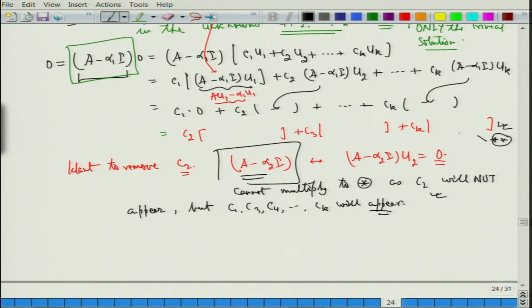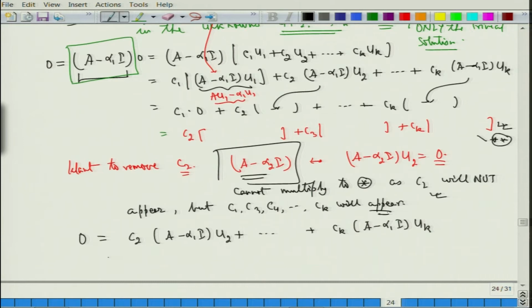So let us write the double star again. So double star is nothing but 0 is equal to C2 times A minus alpha 1 I times U2 plus so on plus CK times A minus alpha 1 I UK. This is what I had, fine. Let us multiply A minus alpha 2 I to this.